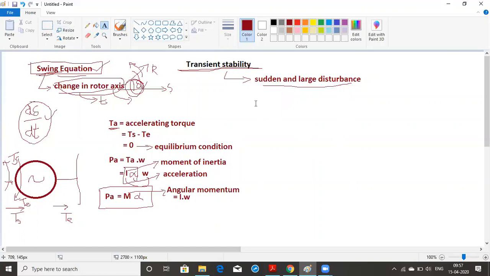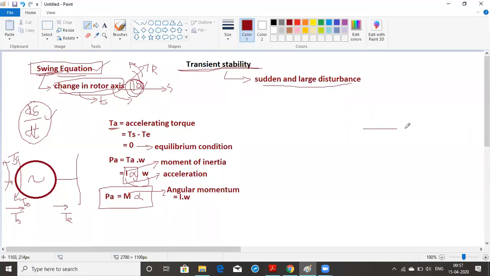First of all, we'll discuss another important concept. See here, I have already told you that delta is the difference between the stator axis and the rotor axis, but that is theoretical. In practice, that is not exactly the right one.